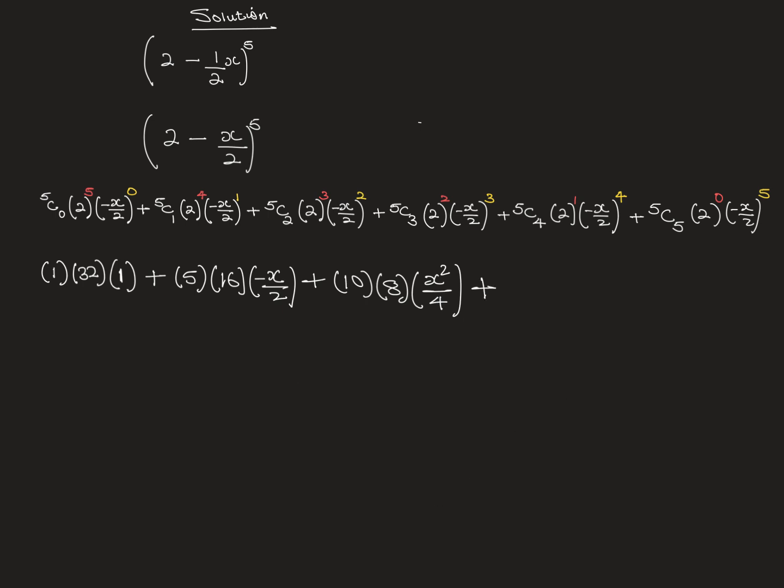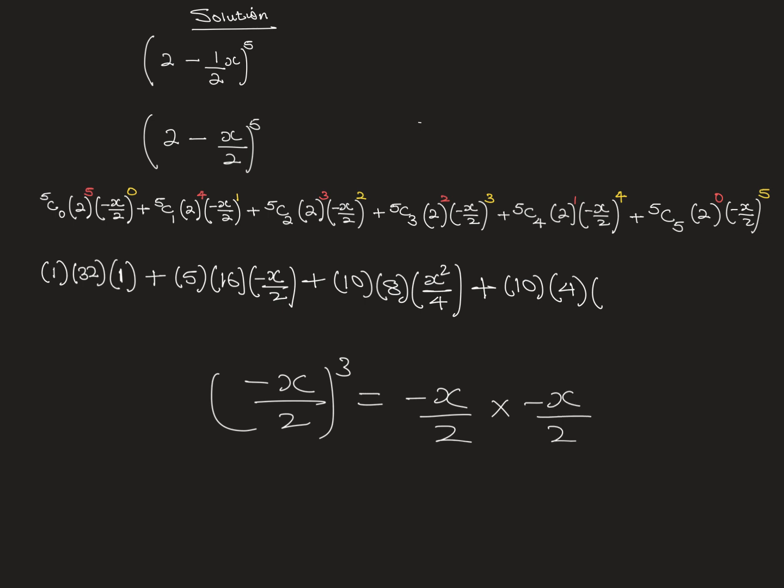Plus 5 combination 3 is 10, into 2 to the power 2 is 4, into minus x over 2 to the power 3, which is the same as minus x over 2 times minus x over 2 times minus x over 2.